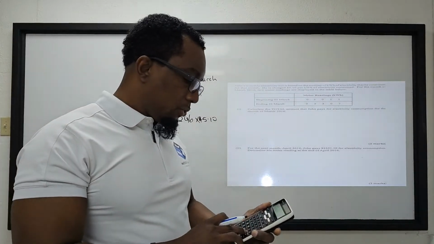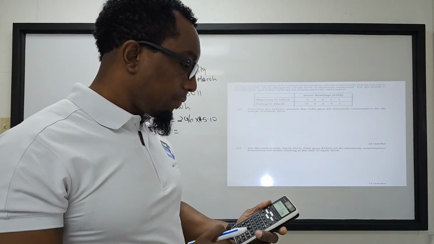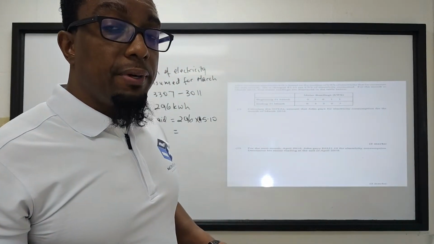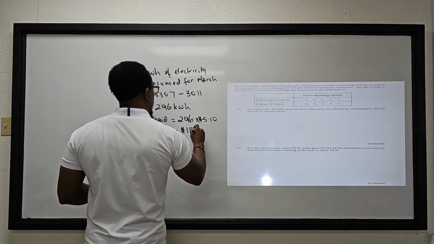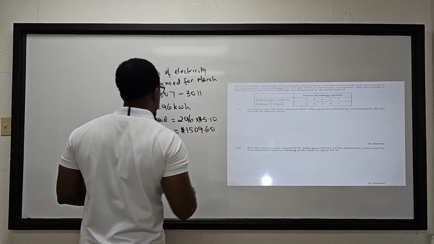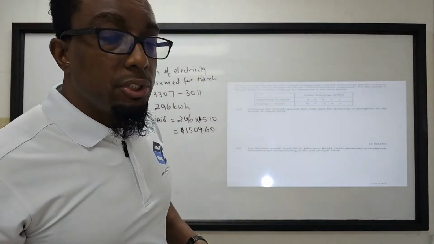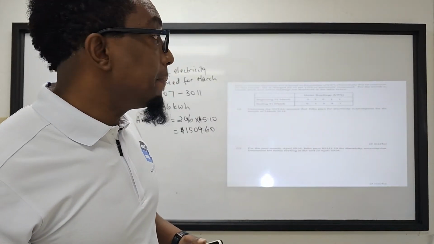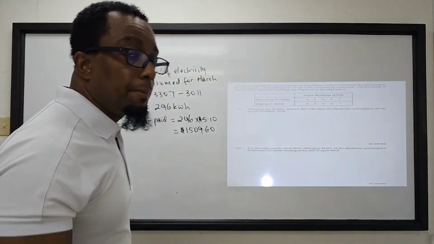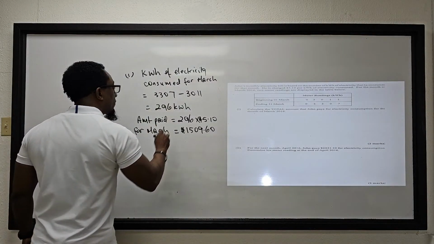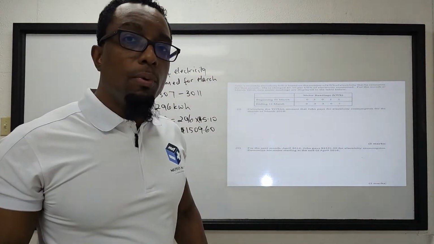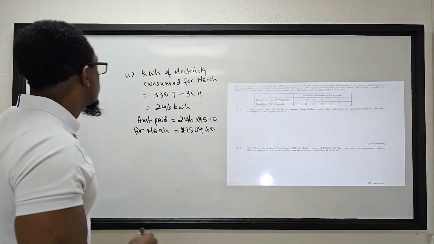When we multiply those two, we're going to get $1,509.60. That will be the amount paid by John for the month of March. So that's part 1. Let's look at part 2.